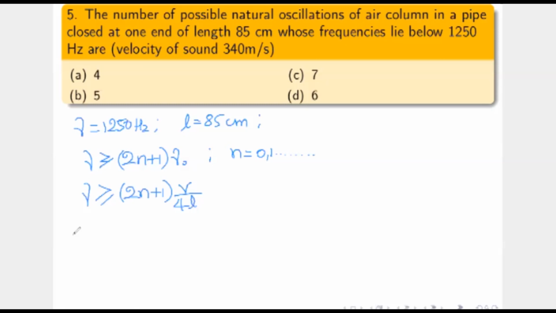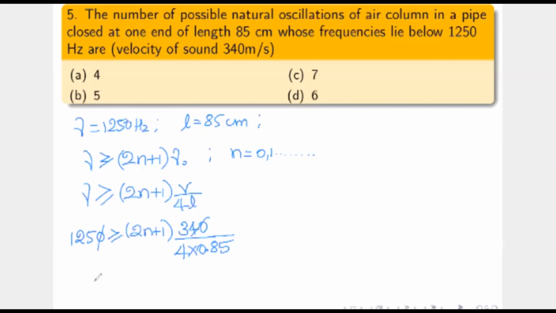So what is the maximum frequency? It is 1250, equal to 2n plus 1 into, what is V? V is given to be 340, and 4 times the length must be in meters, so 0.85. So this 0 and 0 cancel.